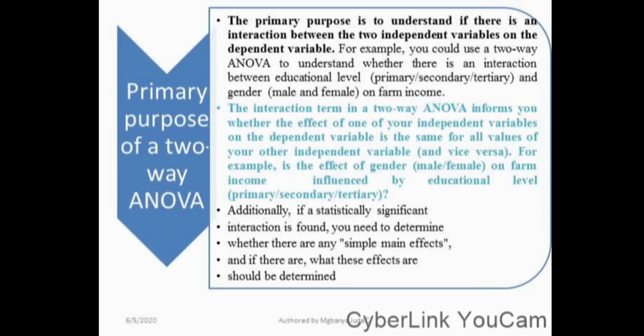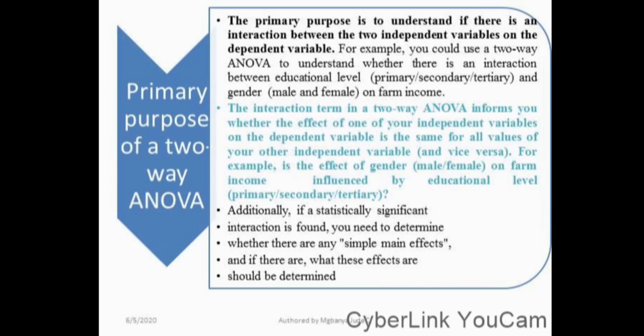That is the interaction effect between the educational level and gender. How does it affect farm income? That is what you'll be able to understand once you use Two-Way ANOVA. It will make you understand the interaction between the educational level and gender on farm income.